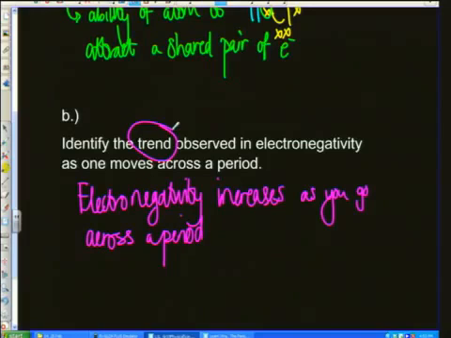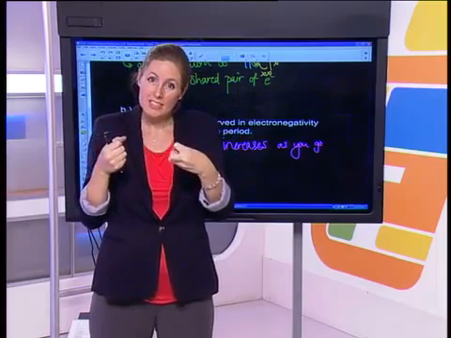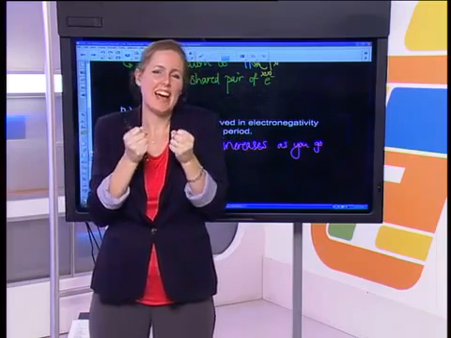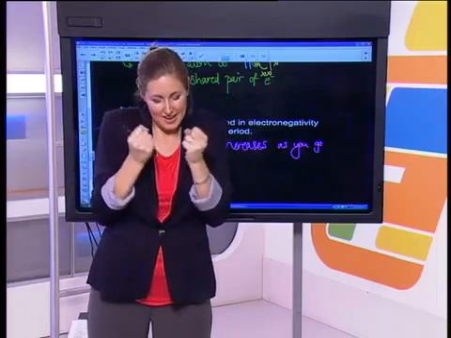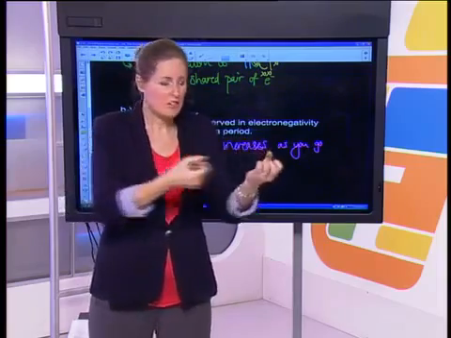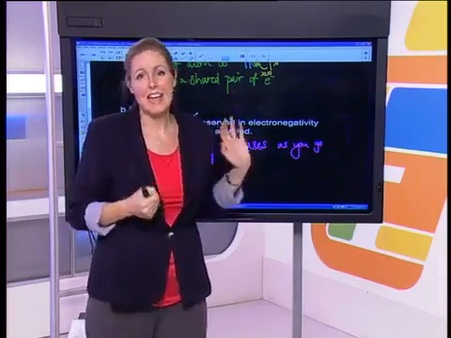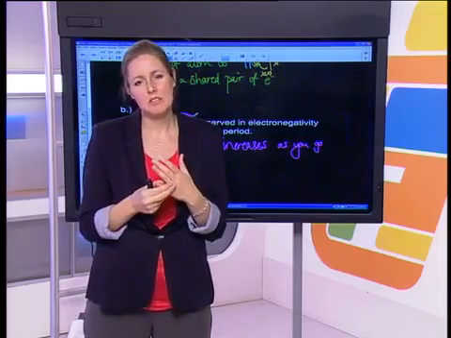So going across a row, the electronegativity increases. And that's because, once again, there are more protons inside the nucleus and a bigger tug, so the electrons are being pulled closer. And so, again, a shared pair of electrons is going to be pulled slightly tighter as you go across. But look at the periodic table, read through it, and see what you can find.